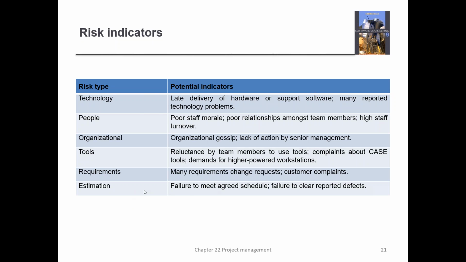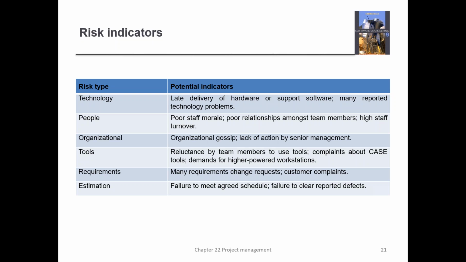And then your estimation risk. Some of the indicators for that, where that probability will increase, include failure to meet agreed schedule and failure to clear reported defects. Now, you would have developed your Gantt chart and your staff allocation chart. On your Gantt chart, you would have had your deliverables and your milestones. And each week or each day that you check your Gantt chart, you realize that you are not meeting your milestones.